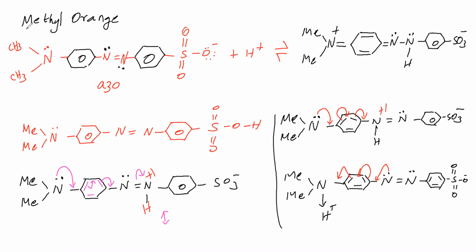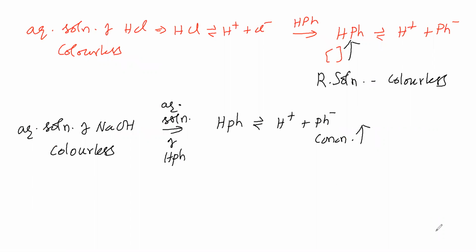So in methyl orange, the first two letters we will take, Me, and this O minus I will write. This we will write as MEO minus, and this I will write as MEOH, because that has accepted H plus. So MEO minus plus H plus gives MEOH.